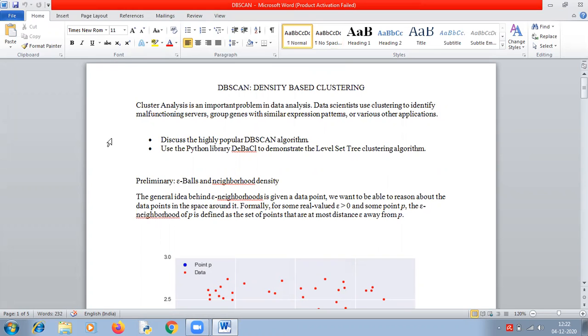Okay, so as you know, clustering analysis is an important problem in data analysis. Data scientists use clustering to identify malfunctioning servers, group genes with similar expression patterns, and perform various other applications.